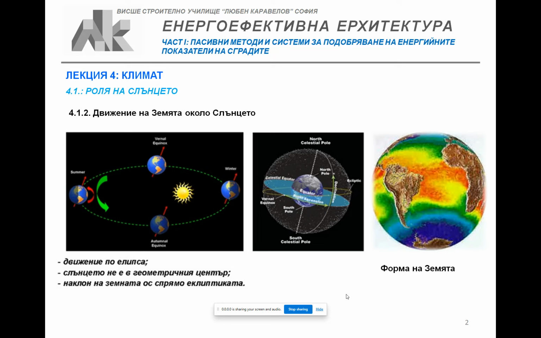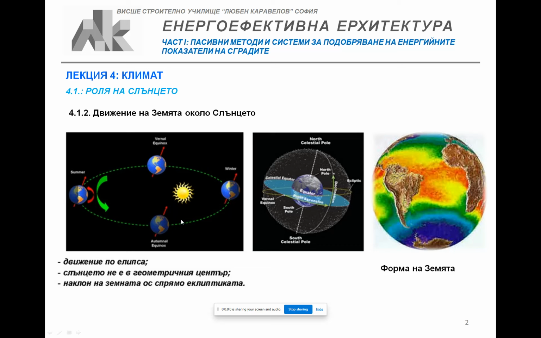So when the northern hemisphere is inclined away from the Sun, and it's winter in the northern hemisphere but summer in the southern, the Earth is closest to the Sun.